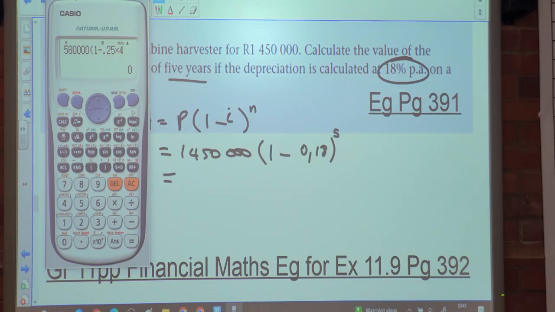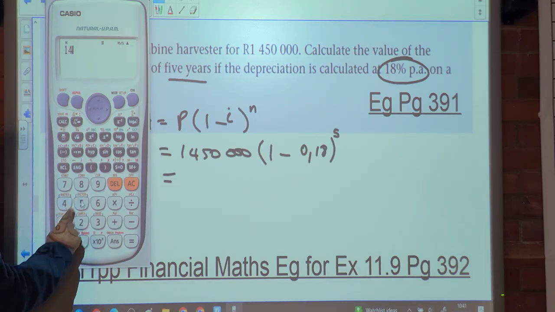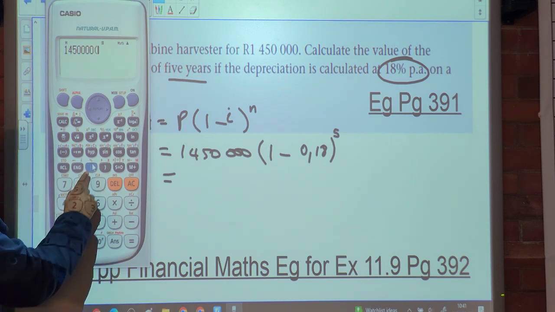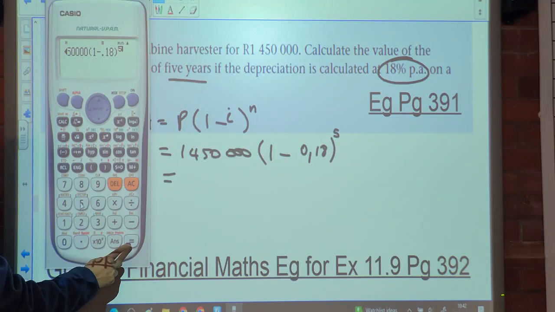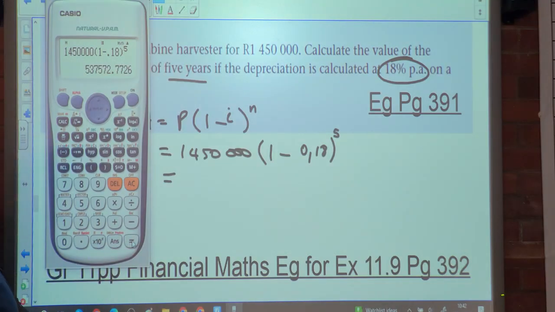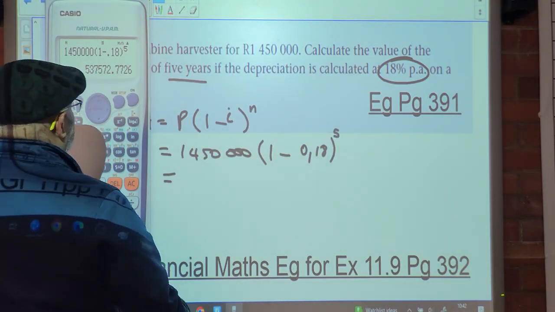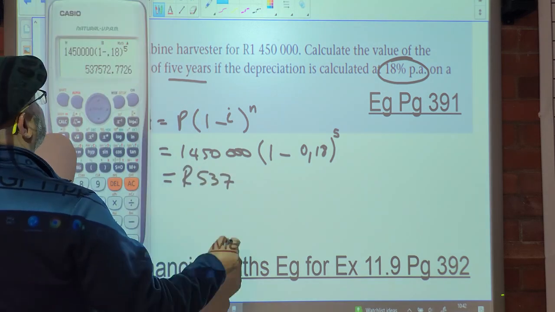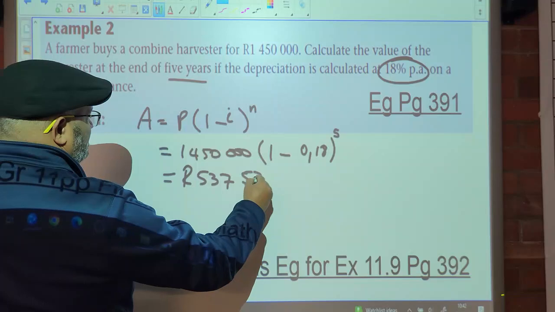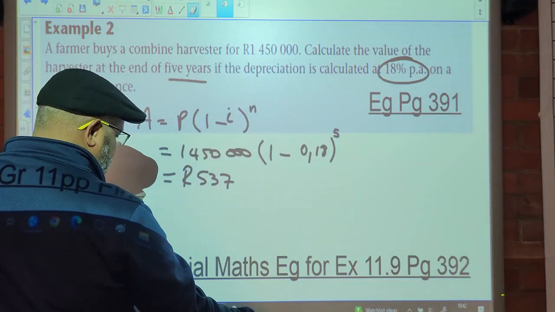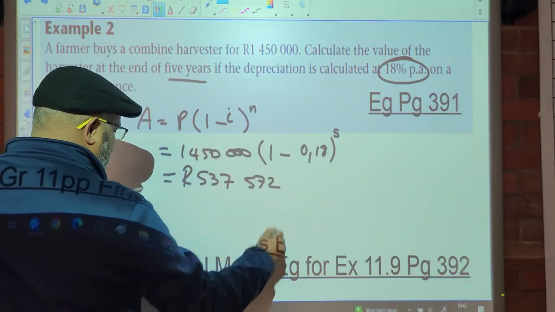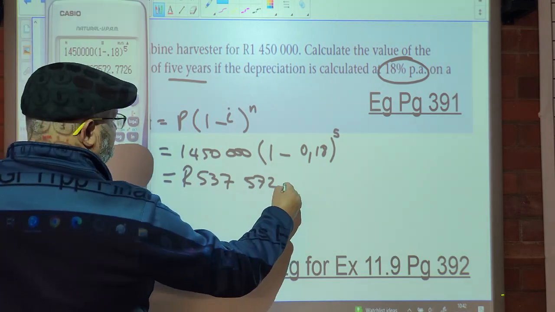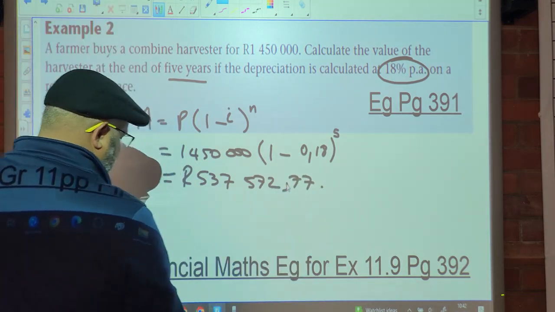Or in reality. Okay, so basically what happens here is 1,450,000 rand into 1 minus 0.18 to the exponent 5. Gives you a book value of 537,572 rand and 77 cents.